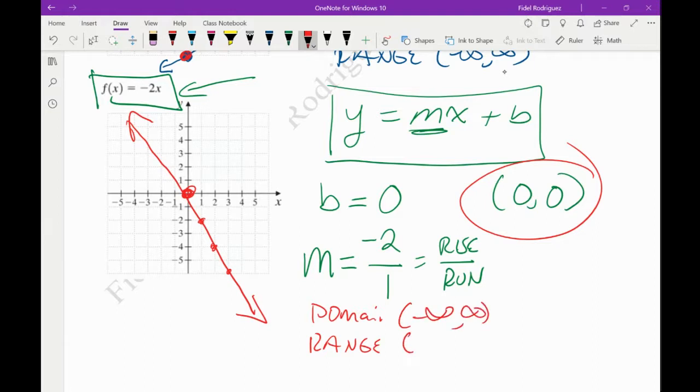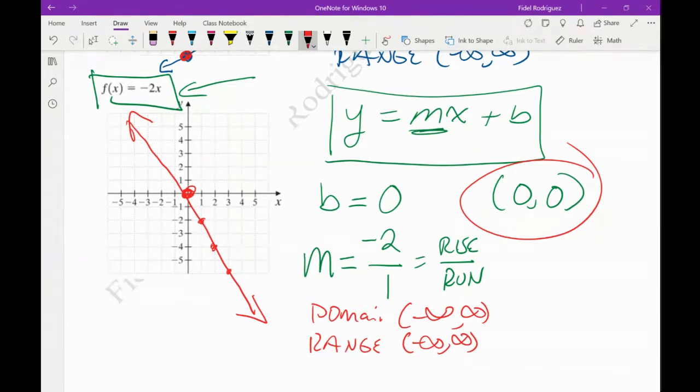Remember, my domain and my range, every single time, is going to be from negative infinity to positive infinity, otherwise known as all real numbers. No matter where you go on the x-axis, you should be able to go up or down and hit your graph. No matter where you go on the y-axis, you can either move to the left or to the right, and you'll hit your graph, right?